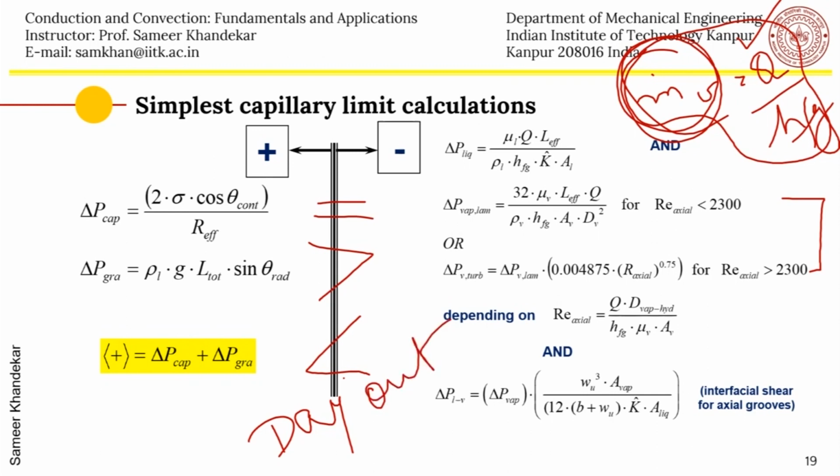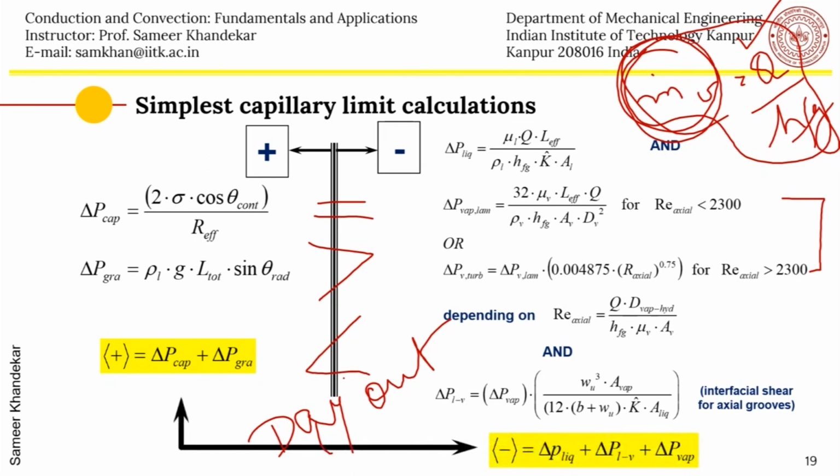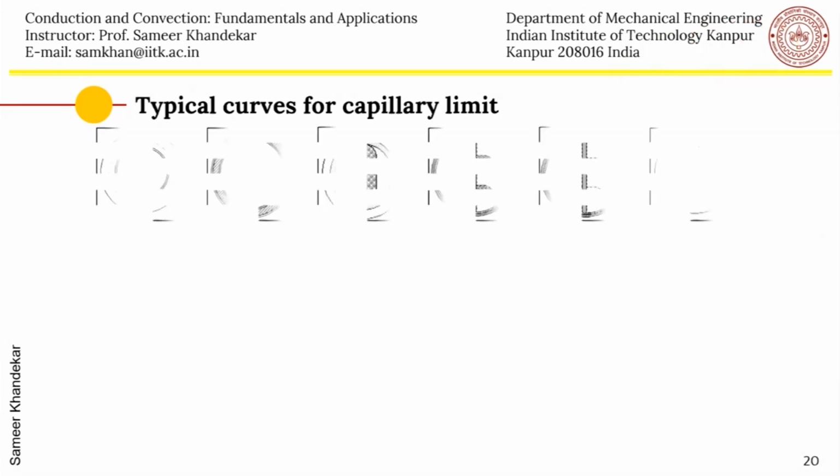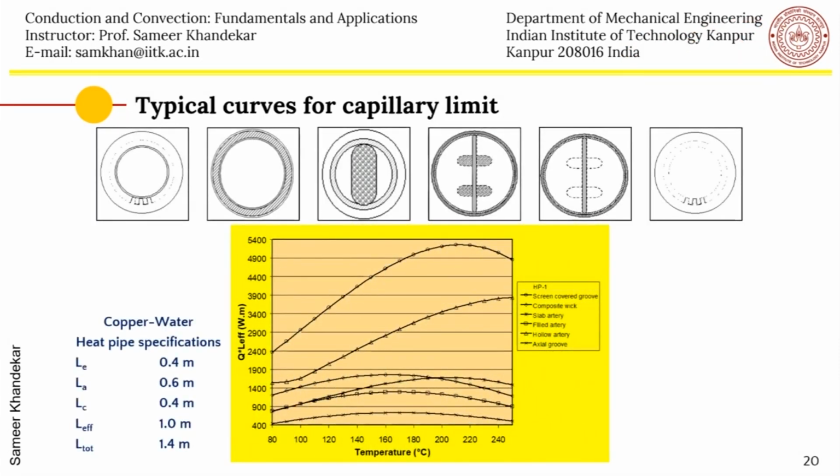That means, let us say if you take a screen covered mesh, and you are operating at 160 degrees centigrade, then you can only transfer about 4,400 watt meter of heat in a real heat pipe.